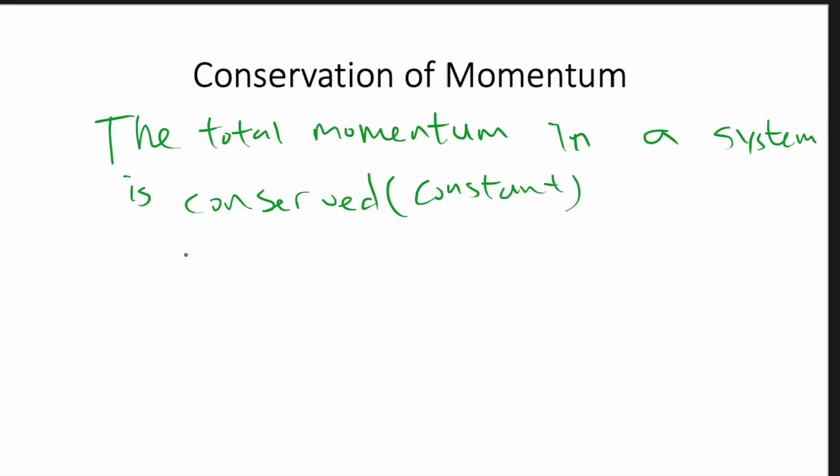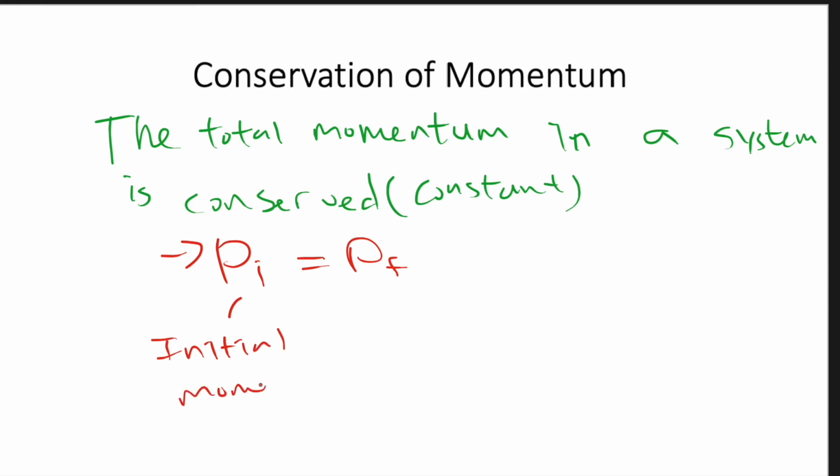So pi has to be equal to pf, initial momentum has to be equal to final momentum. This is pretty straightforward, but you might see problems involving collisions.